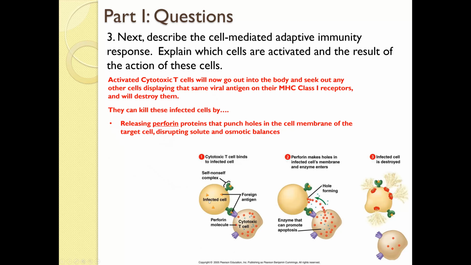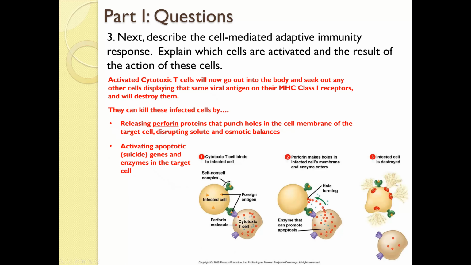So when you have an infected cell displaying this particular foreign antigen in its MHC class 1, this is recognized by an activated cytotoxic T cell with its T cell receptor, and it's going to release these perforin molecules, which are going to punch holes in the membrane of the target cell, which will destroy it because it can no longer maintain differences between the inside of the cell and the environment.